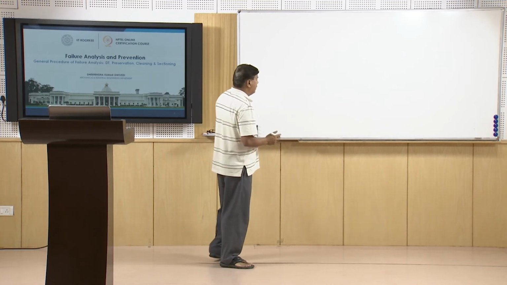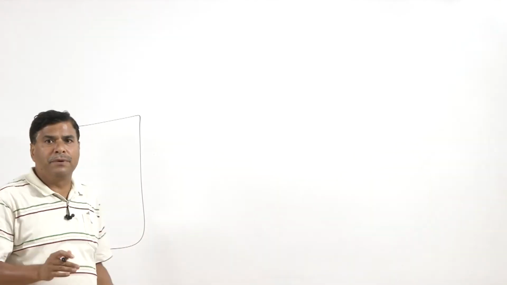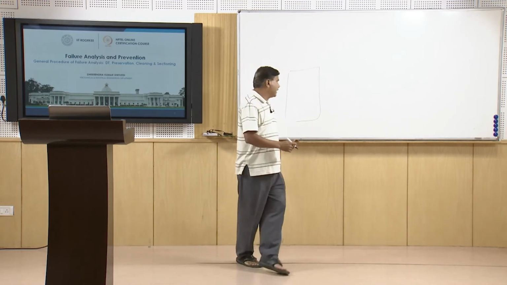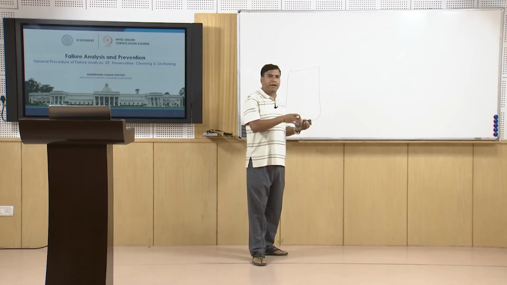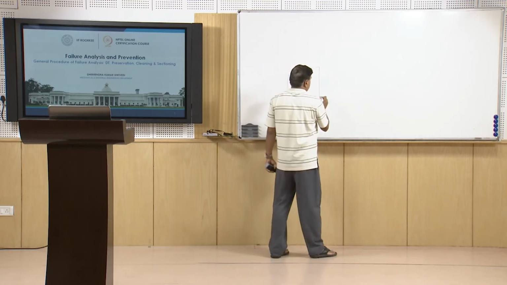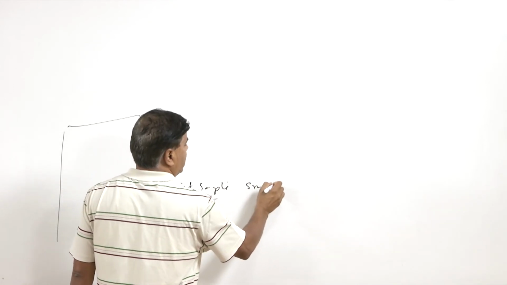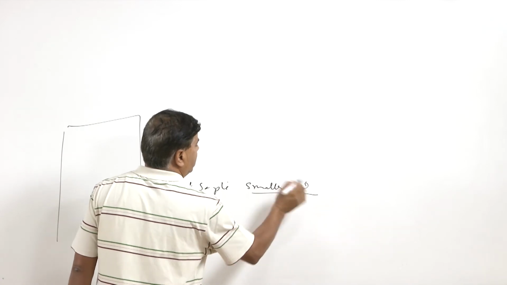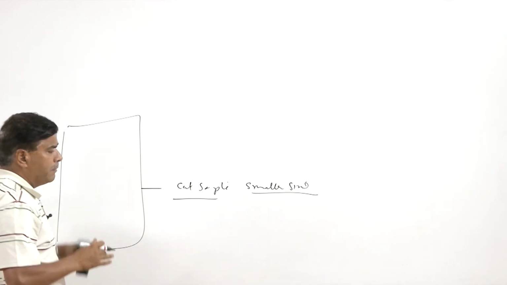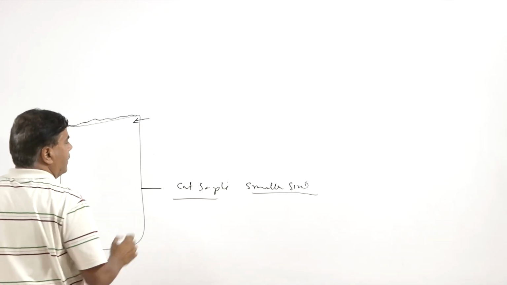Sectioning: we know that normally failed components are large in size. Large components cannot be handled easily for conducting a variety of tests, like microscopy, hardness tests or other similar tests. If we have to carry these out, then we need to cut samples of smaller size. So, if this is the failed component and this is the fracture surface, then the location from where the sample is being cut is recorded.